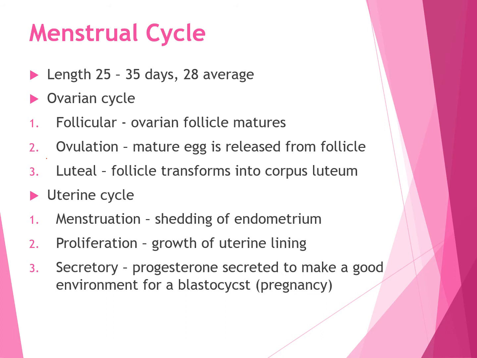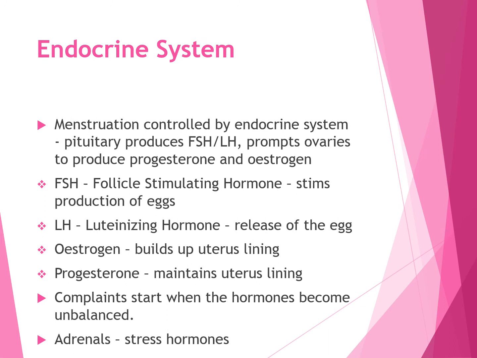If conception occurs, then the progesterone level increases and helps to grow the embryo. If conception does not occur, then the progesterone level reduces. On the 28th day of the cycle, the endometrium starts shedding, known as menses.